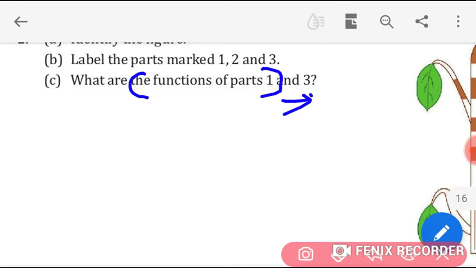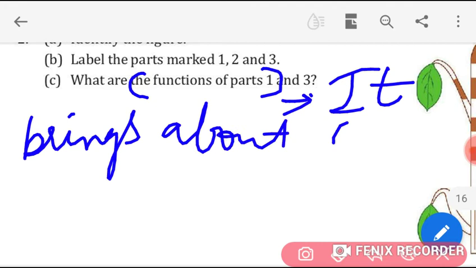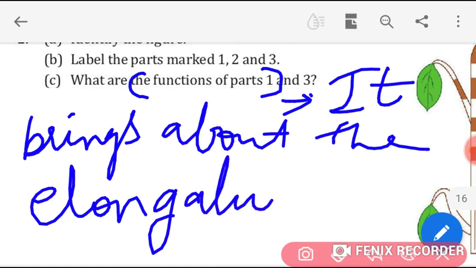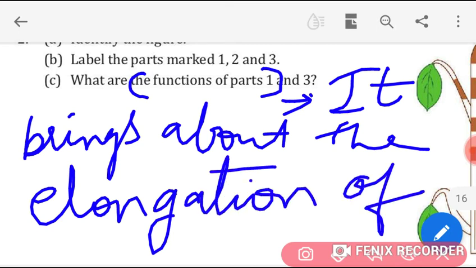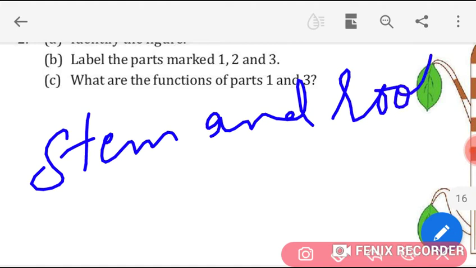It brings about the elongation of stem and roots.